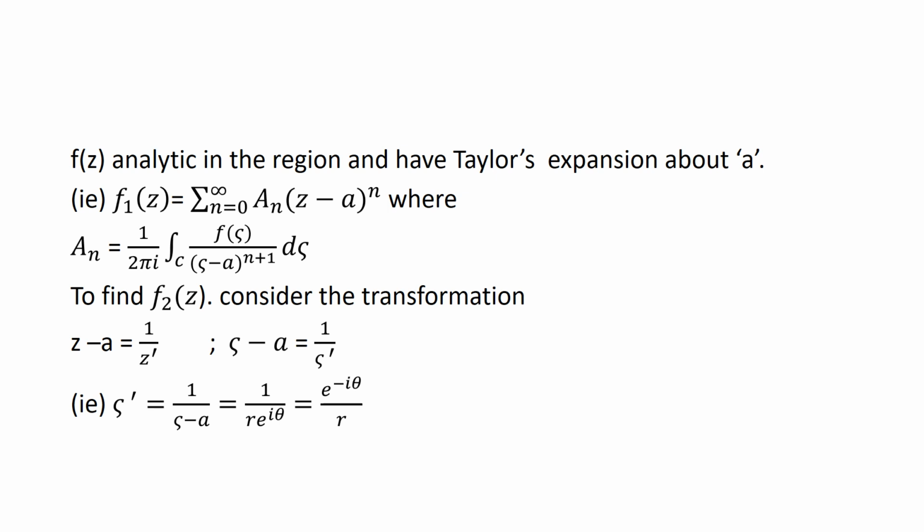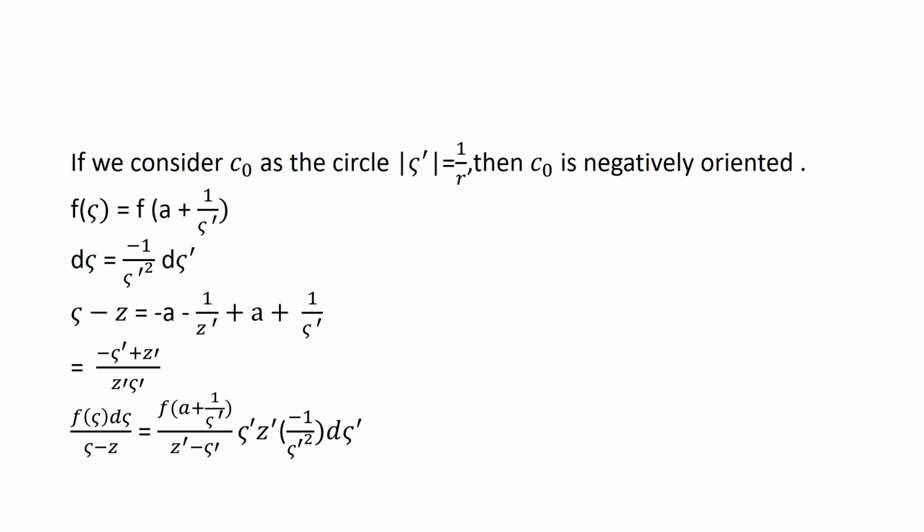It is 1 by r e power i theta, or we can write it as e power minus i theta divided by r. If we consider C naught as the circle, modulus of zeta dash is 1 by r, then C naught is negatively oriented.